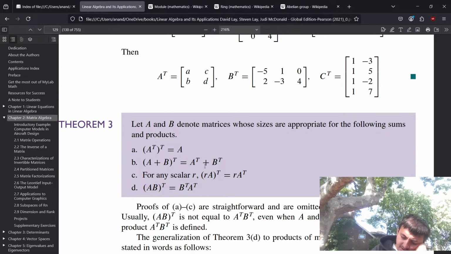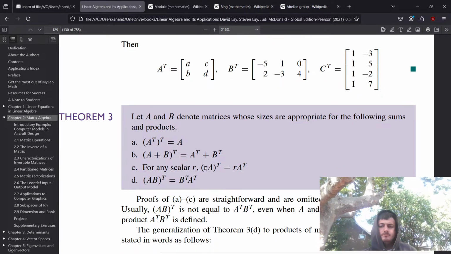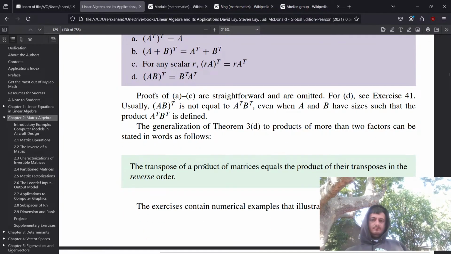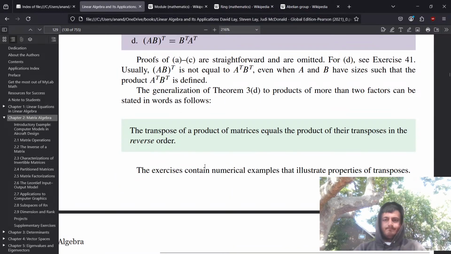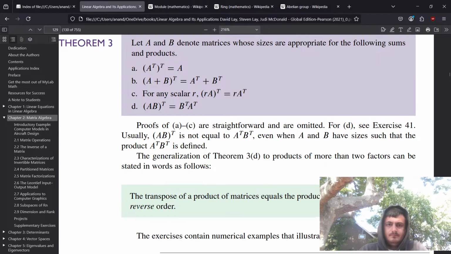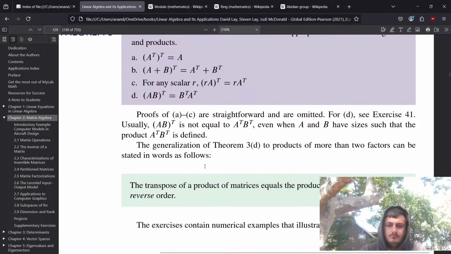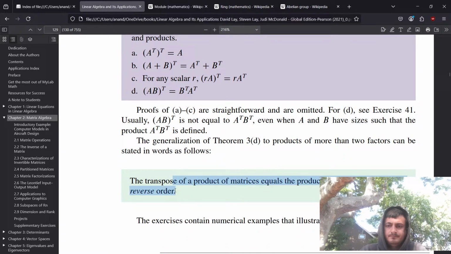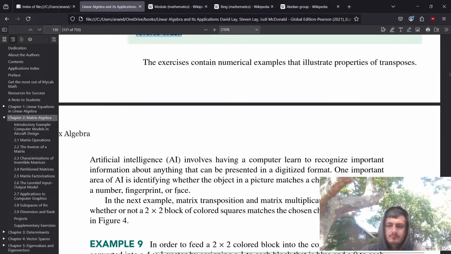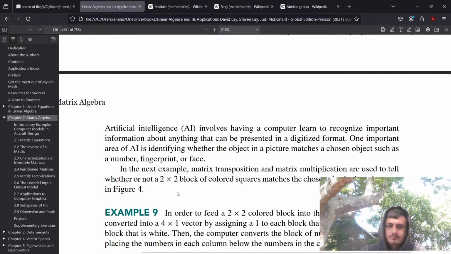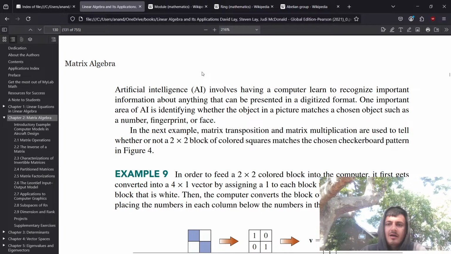That last one's the interesting one. AB transpose is equal to B transpose A transpose.